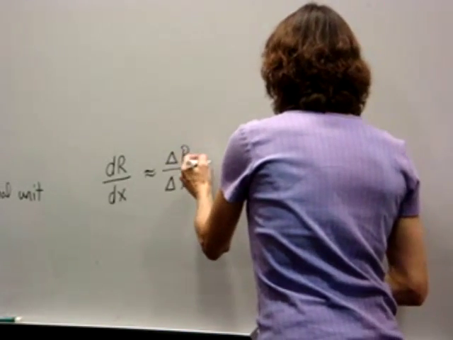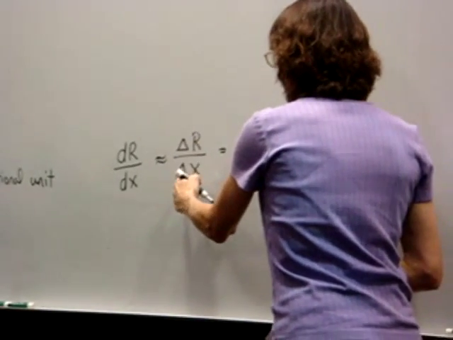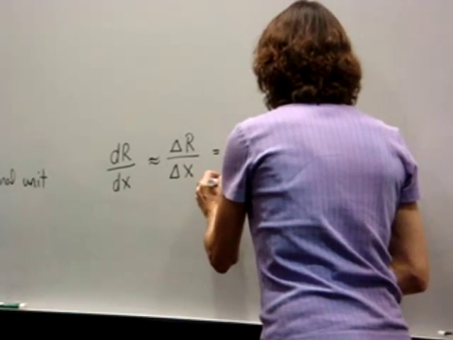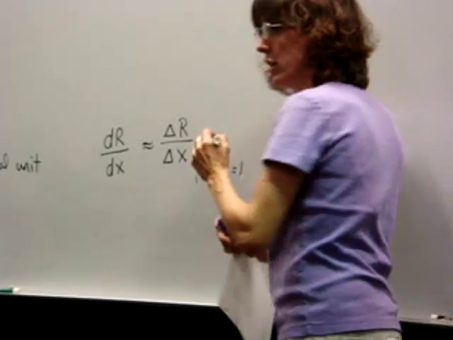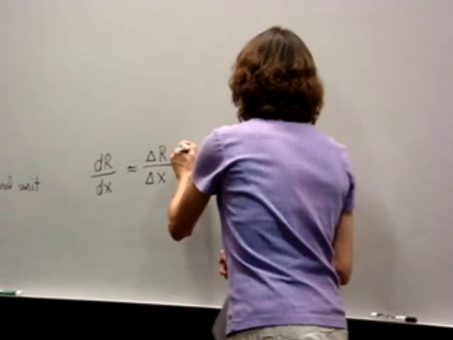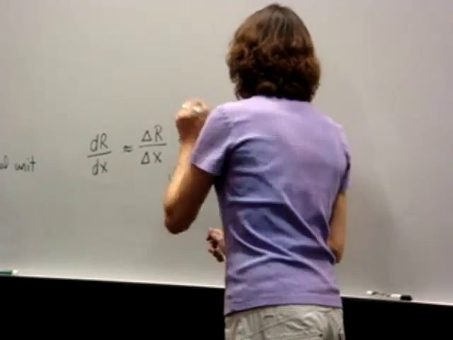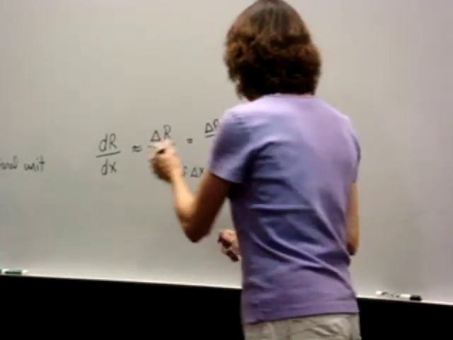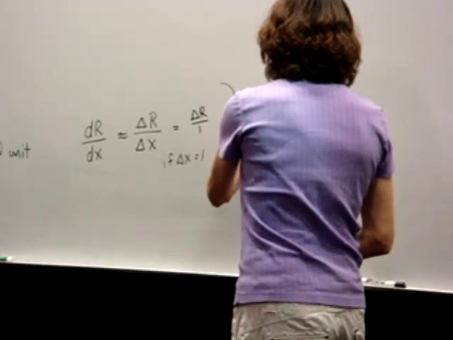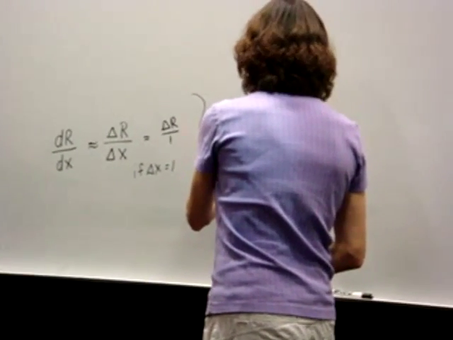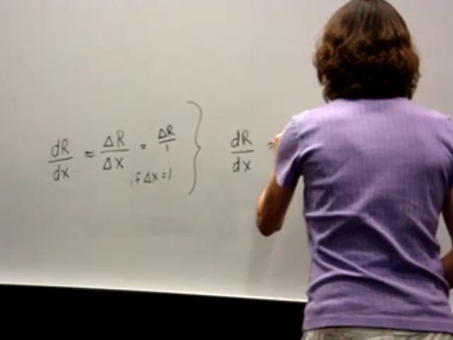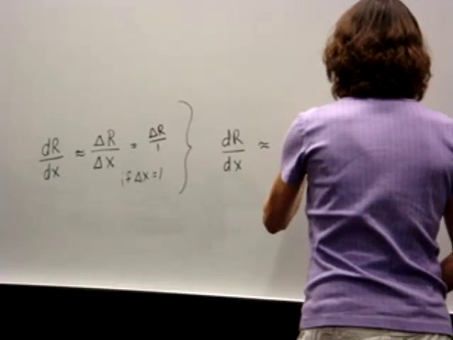But you know about this stuff. You can see that if delta X, the change in X, is 1, then this is the change in R over 1. So that leads you to say it is approximately equal to the change in R if delta X equals 1.